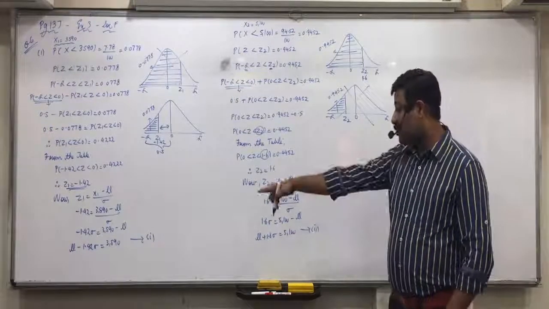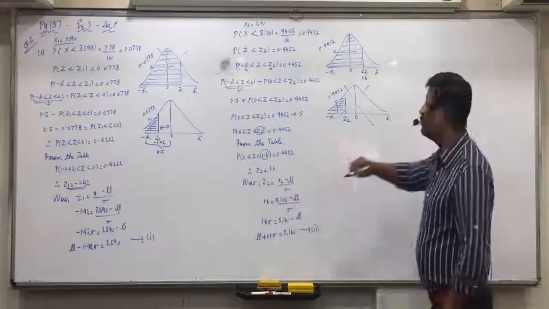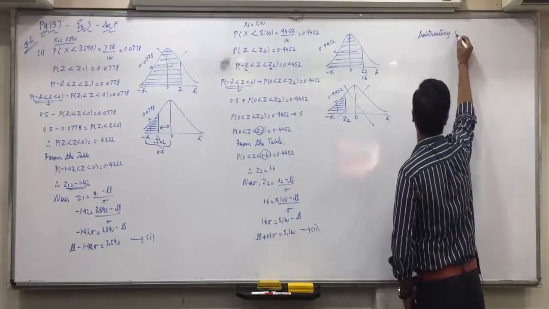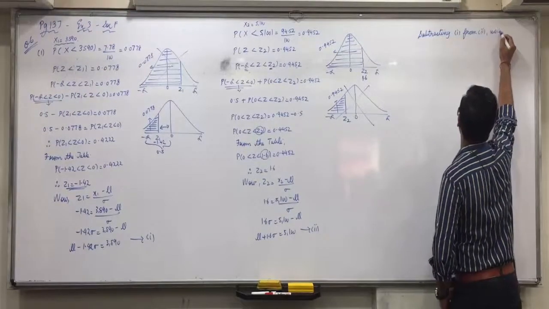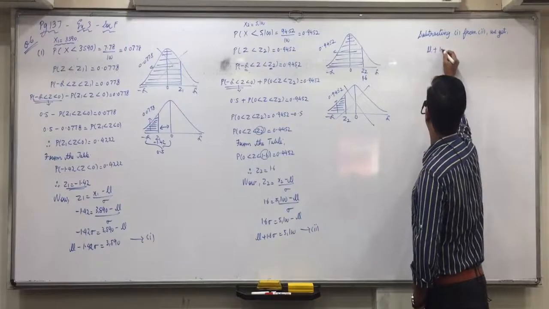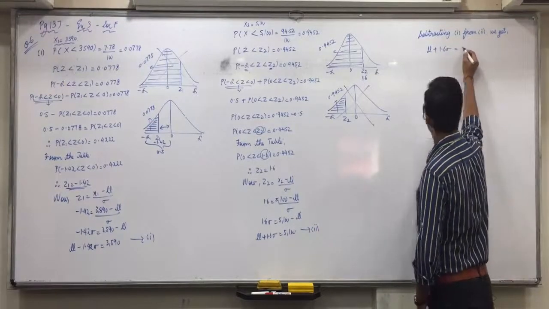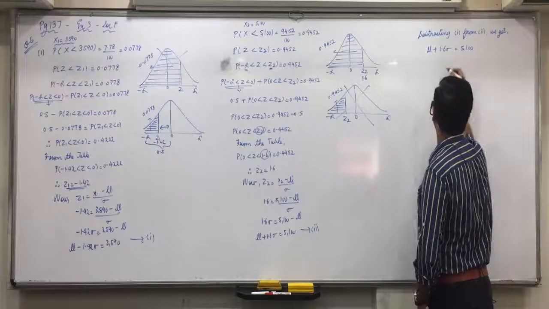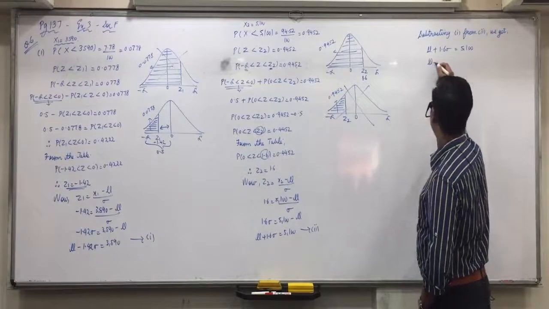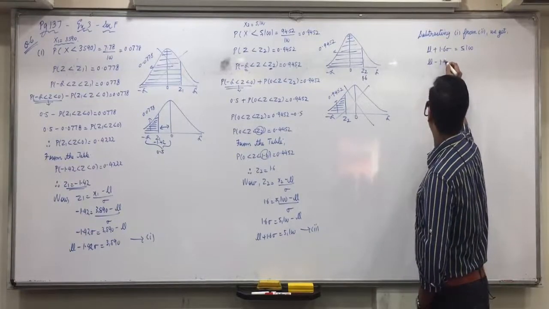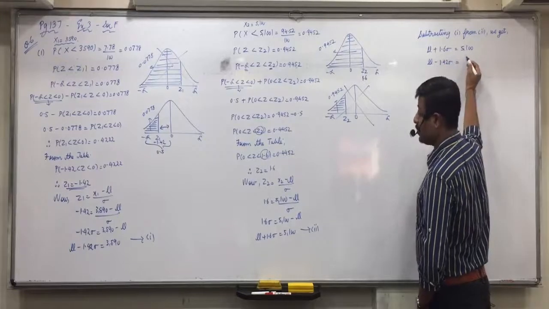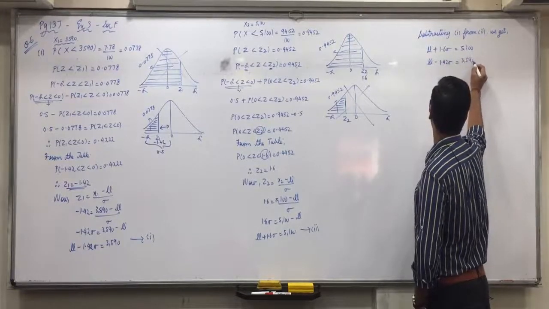Now bigger minus smaller, so second minus 1. Subtracting 1 from 2, we get mu plus 1.6 sigma equals 5100, and the other one mu minus 1.42 sigma equals 3590.